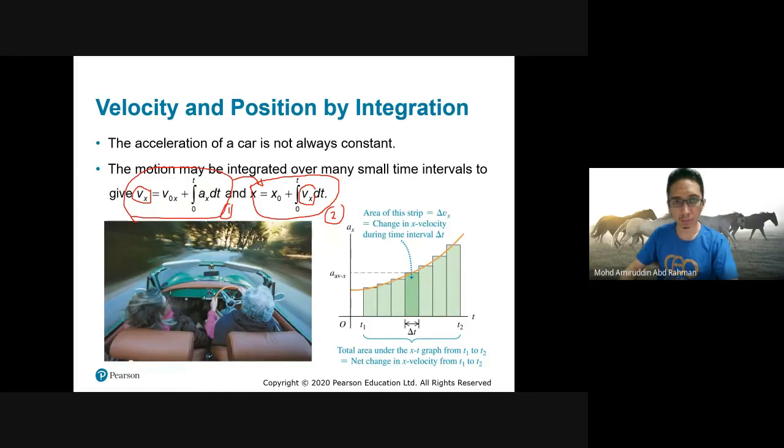That is where you have the concept of the total area under the graph. When you look at this small change, you want to find the small area of that, and then you can find your Vx at those t.